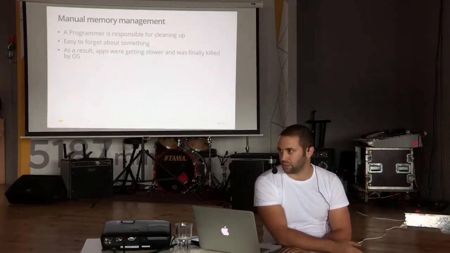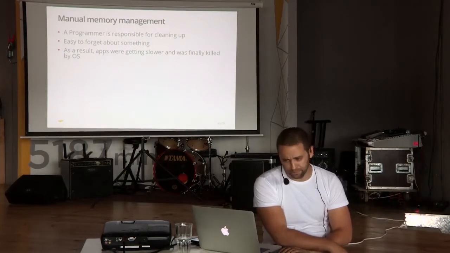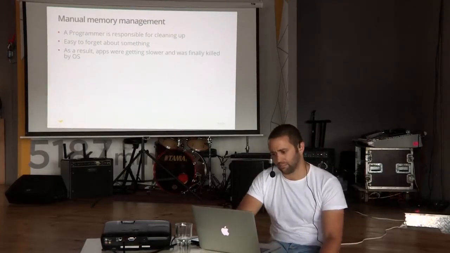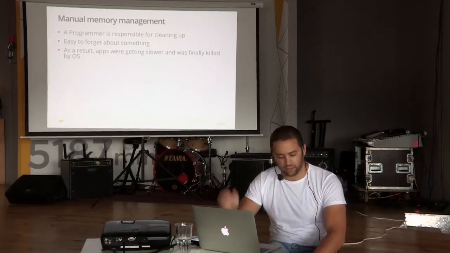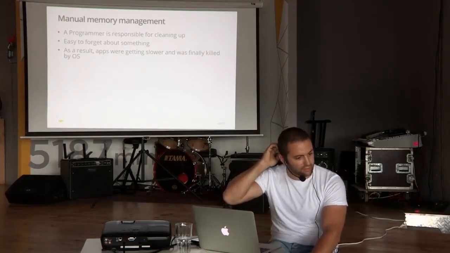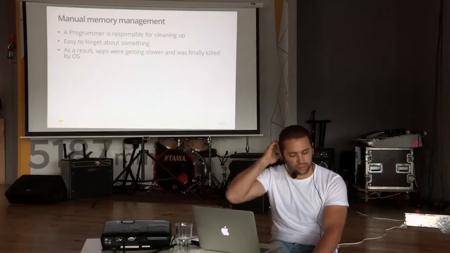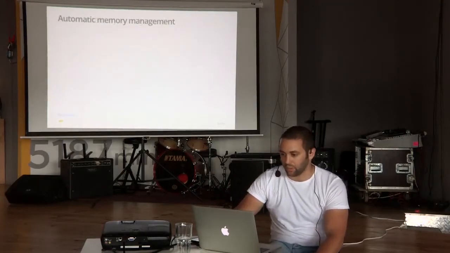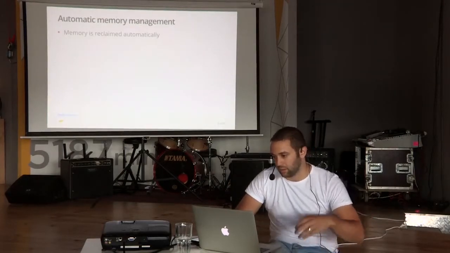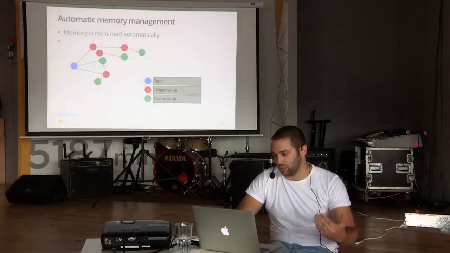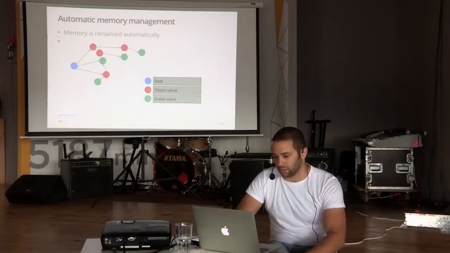Once you allocate, you have to free it later on. Sometimes it's easy to forget, and then eventually you have memory leaks, and the operating system kills your app. With automatic memory management, whenever something is not used, it's reclaimed automatically.